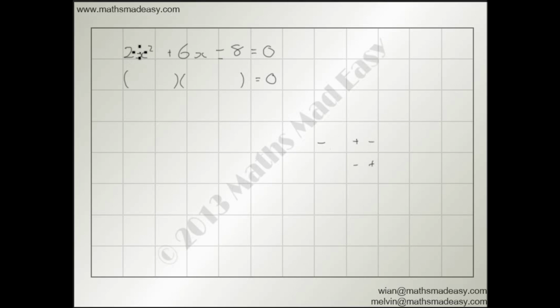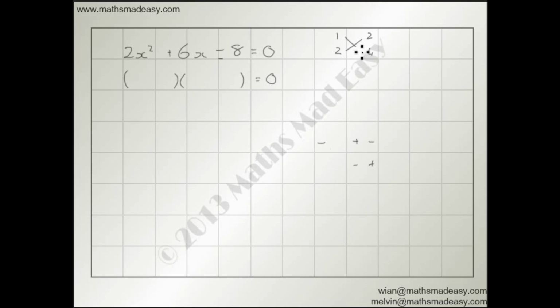Now we use the cross multiplication table again. 1 times 2 will give us 2, which we have over here. And then we can take 2 times 4, which will equate to 8. So we'll have 2 times 4.